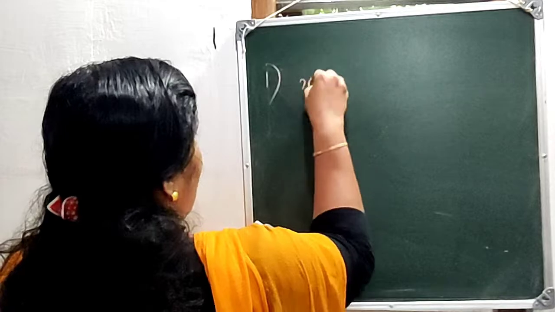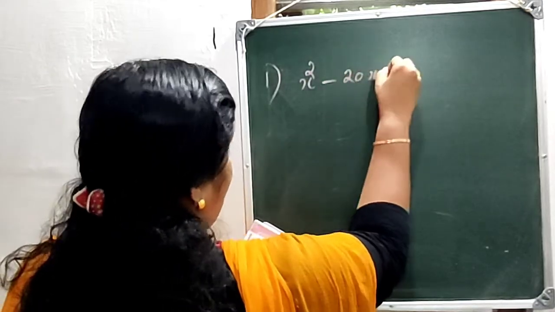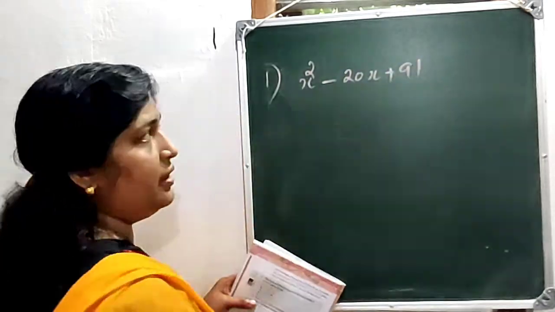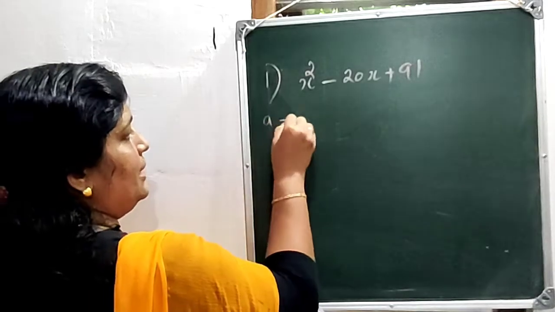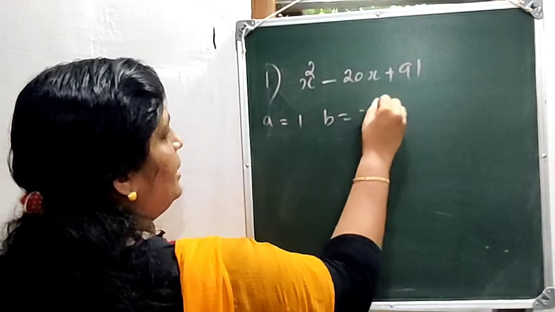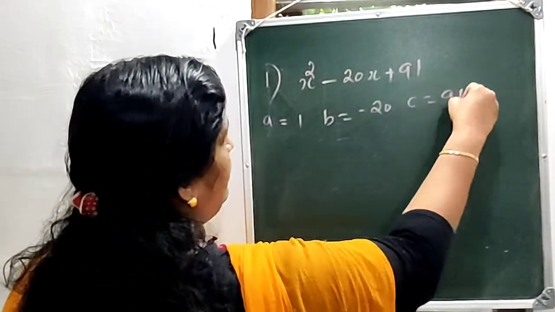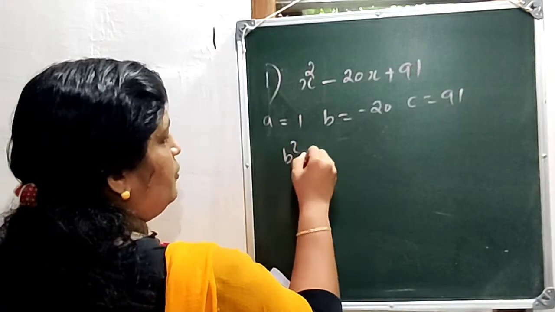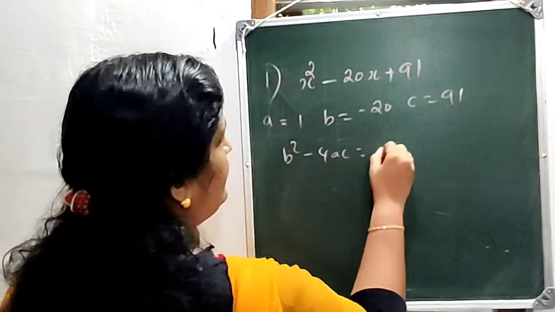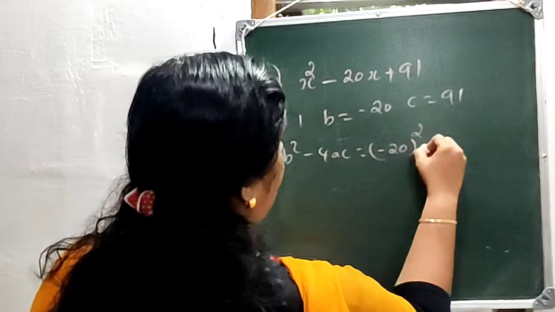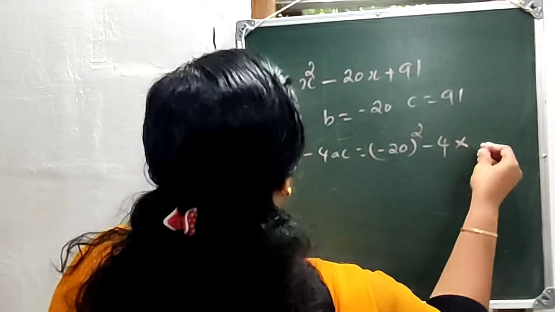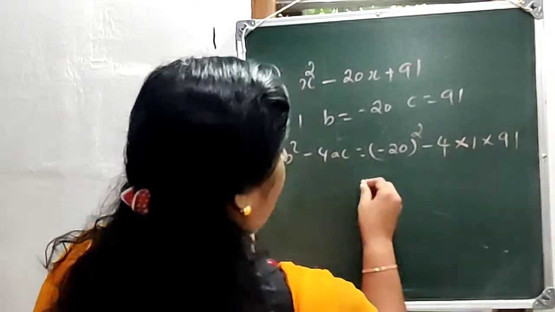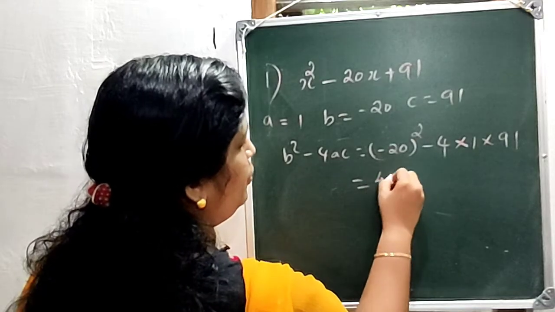Okay, so first question is x square minus 20x plus 91. First write a, b, c. a is equal to 1, b is equal to minus 20, c is equal to 91. Then what is b square minus 4ac? b square minus 4ac is equal to minus 20 whole square minus 4 into 1 into 91. 20 square is equal to 400.